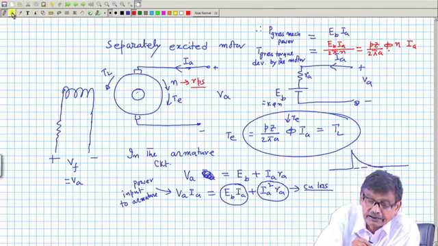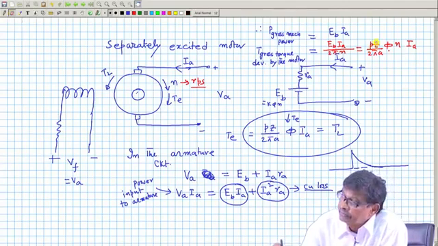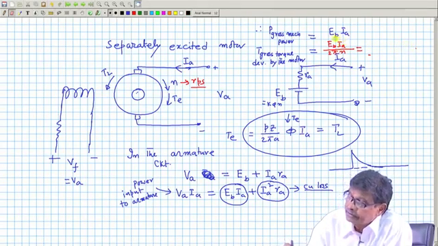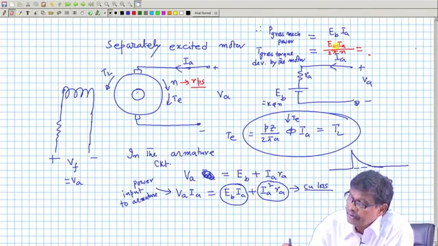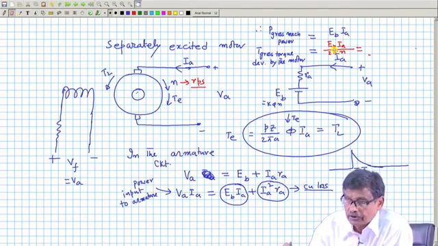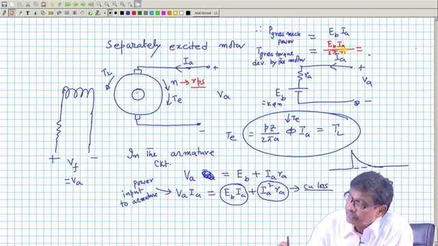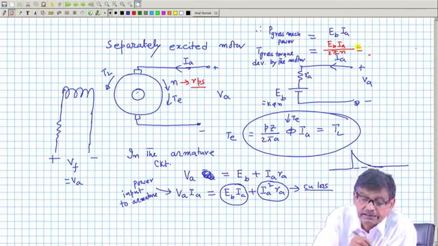I will just correct it. This is the total power converted to mechanical form. So, Eb into Ia divided by angular speed in radian per second will give you the torque developed.